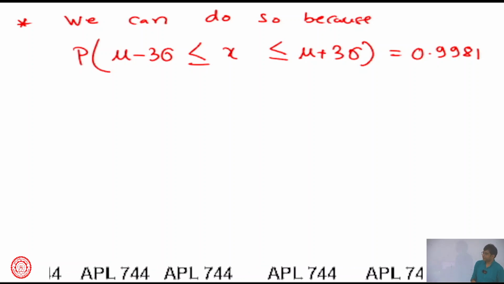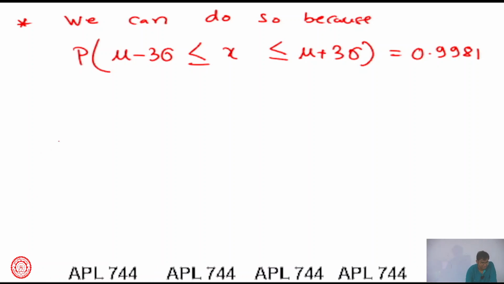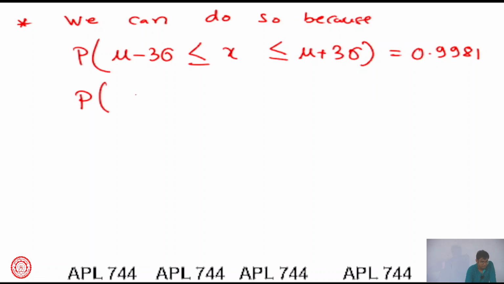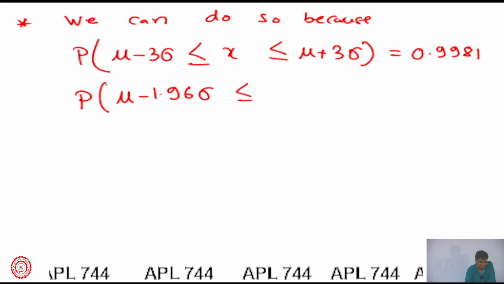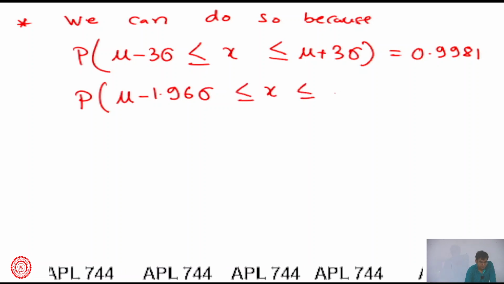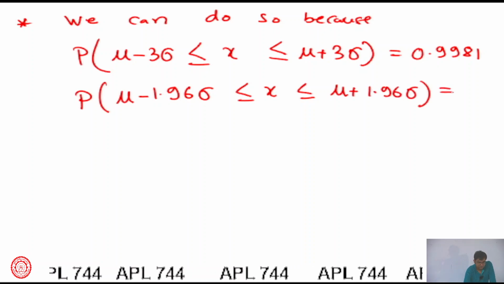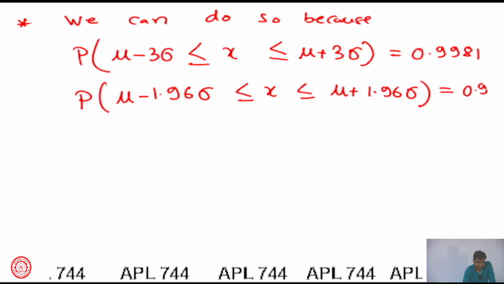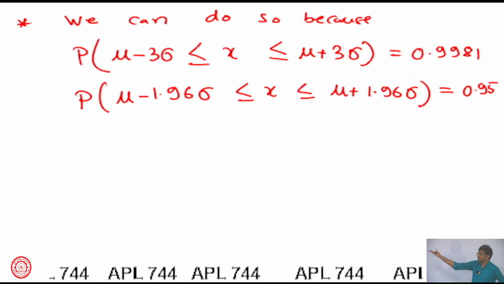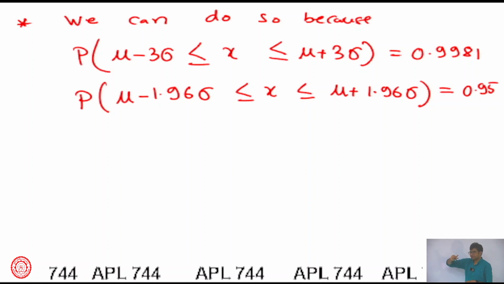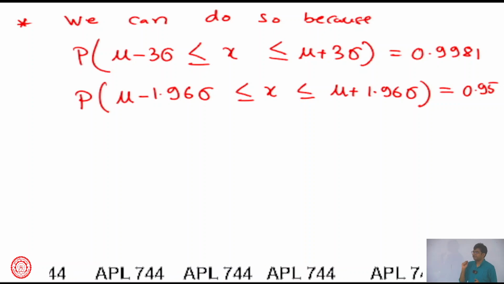There is another number which is very important, which is 1.96, okay, or we take it too often. So, the probability that x lies between mu minus 1.96 sigma and mu plus 1.96 sigma is equal to 0.95, okay. So, in practice we do not use 1.96, we use 2. So, we say 2 sigma bound, and that is known as the 95% confidence interval.